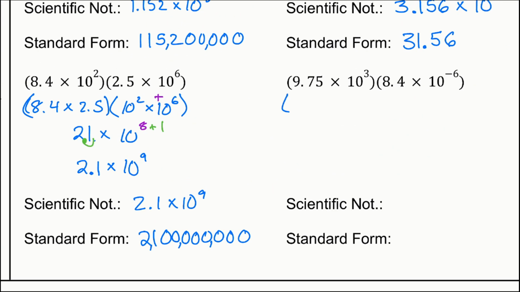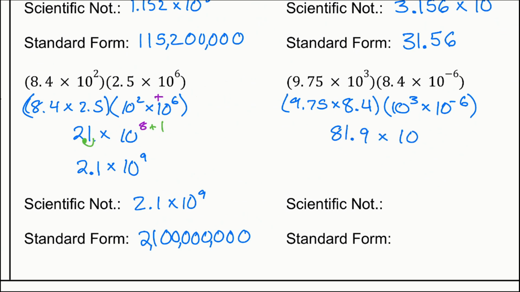Second one, rearrange. This one's another one that we're going to have to switch, I can already tell. So if you take 9.75 times 8.4, you're going to get 81.9 times 10 to the negative third power, right? But again, this is not in scientific notation.